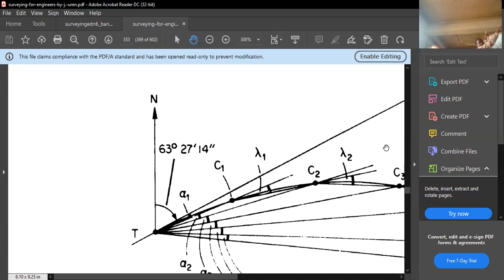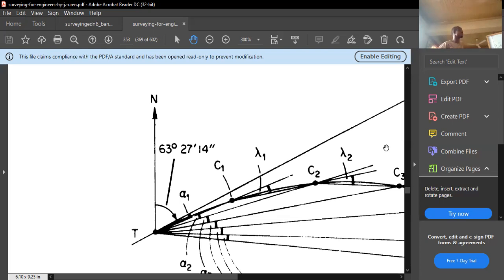What is lambda 1? It is the deviation of the chord itself from the previous one. So we are going to have lambda 2, lambda 3, lambda 4, and a lot of chords C0 to C3 per the chord distances as we described earlier.